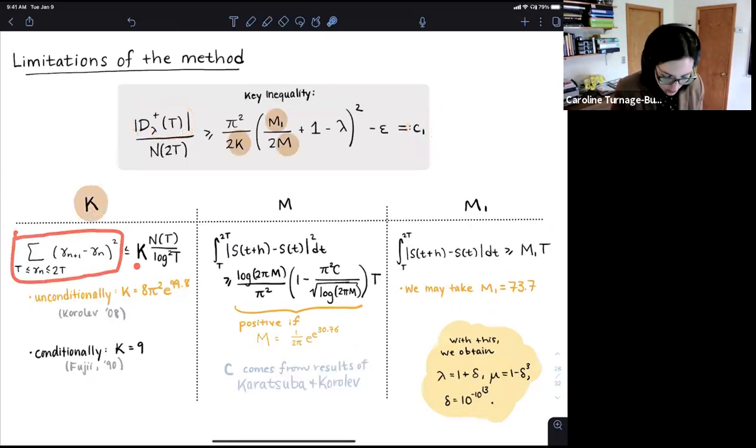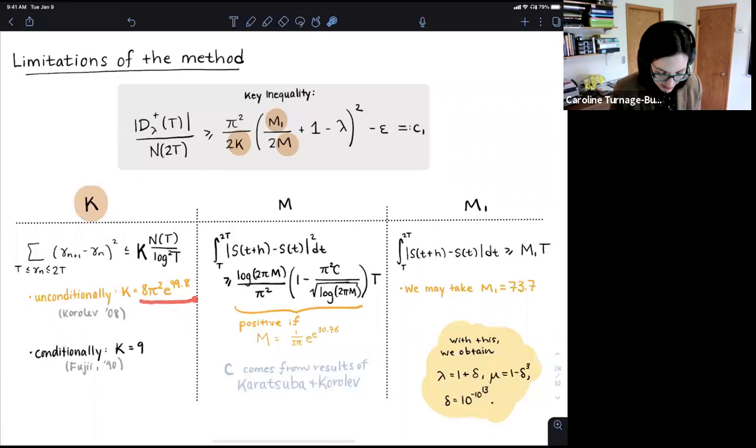Now, Korolev, so we didn't have to work this out because we just piggybacked off of a result of Korolev. He showed unconditionally, here's a huge value for K. Unconditionally or conditionally, Fuji has shown you can take K to be 9. But maybe it's even better. Maybe you could use results from random matrix theory to tell you exactly what that K should be.